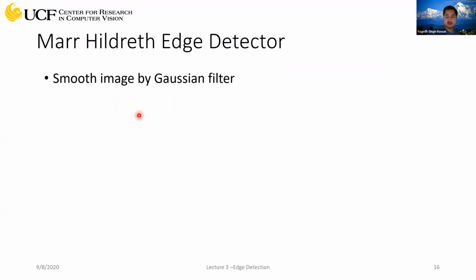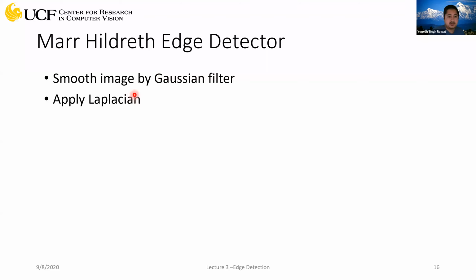And so one edge detector which uses second order derivative is Marr Hildreth edge detector. And so the steps we follow in this edge detector are, first we have to smooth the image. So in this case, instead of using a smoothing filter or the average filter, we'll make use of Gaussian filter. So that's one difference.